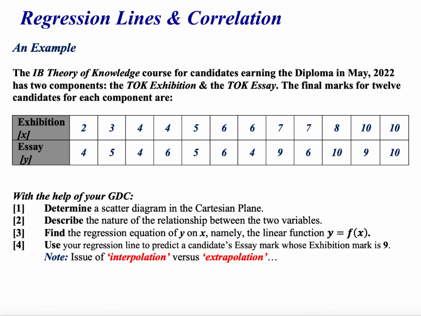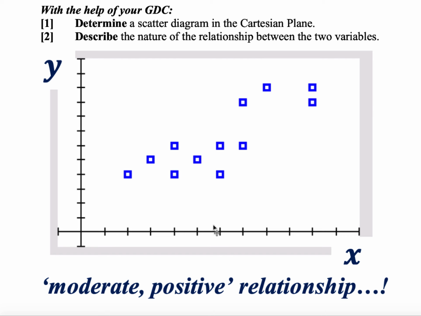So basically, if IB were to give you some kind of a scatter plot, scatter diagram, which they classically do, and you were asked to describe the actual relationship, this looks like it's moderate to possibly even moderate to slightly strong positive.